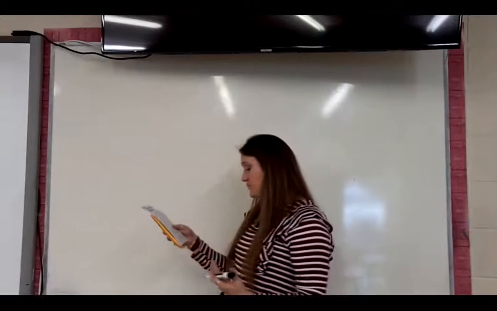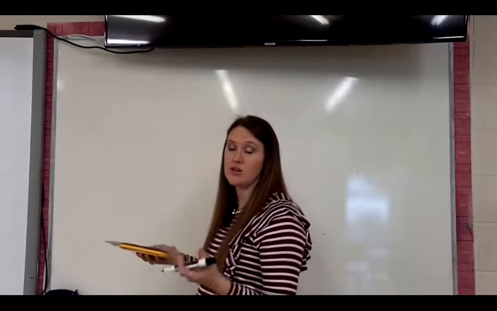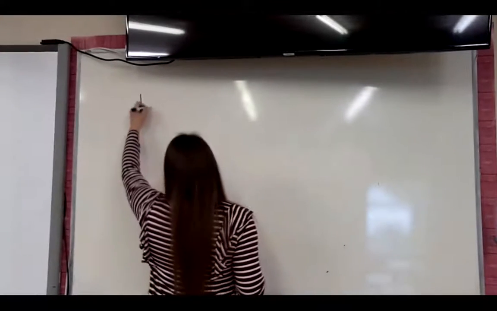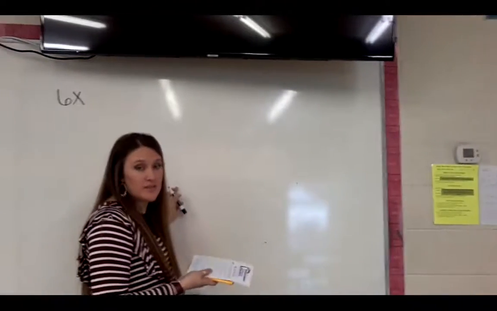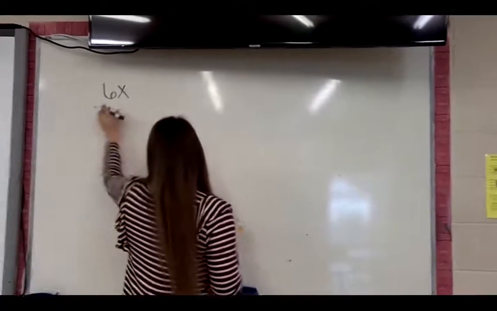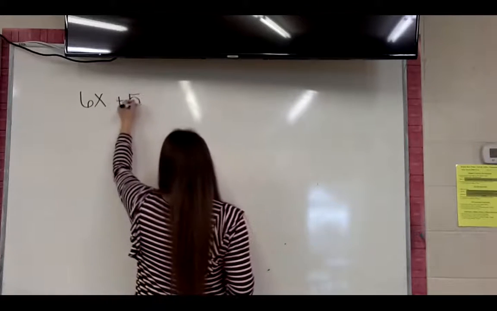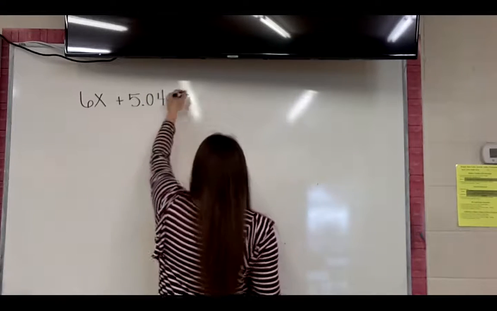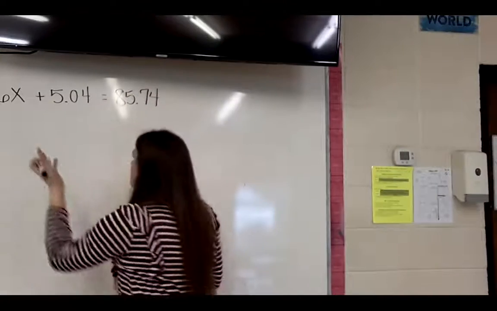So we know she bought 6 DVDs. We don't know how much each DVD is. That's what we're looking for. So that can be your letter. I'm going to say X. So she bought 6 of them. So say the DVDs are $5 each, and she bought 6 of them. That'd be 6 times 5. So I have 6 times X plus the tax, which they told us was $5.04. If I add that together, that gives you the total that she paid, which was $85.74. There's your equation.